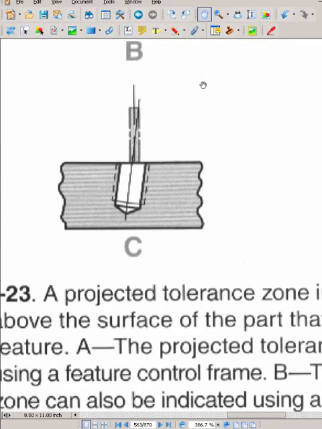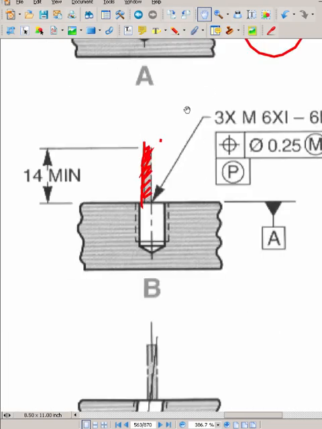And what you see in C is a deviation that still falls within the projected zone. So if I were going to take some measurements, I would see that the distance from here, since it's only half the zone, would be 0.125.